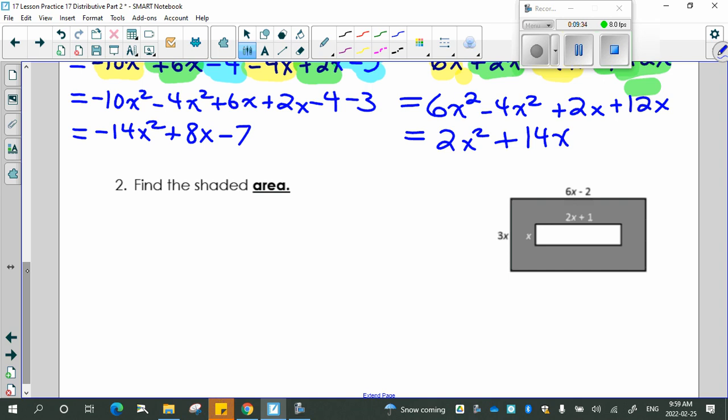If there was just numbers on the sides, like say this was just 6, and this was just 3, and this was just 2, and this was just 1, would you be able to find the shaded area? What would you do?